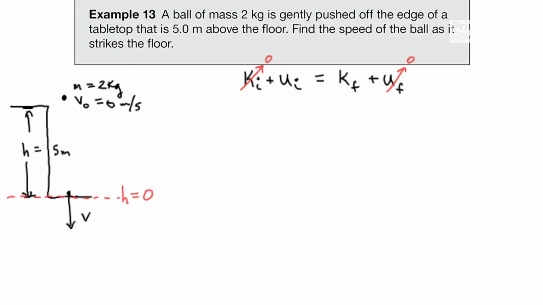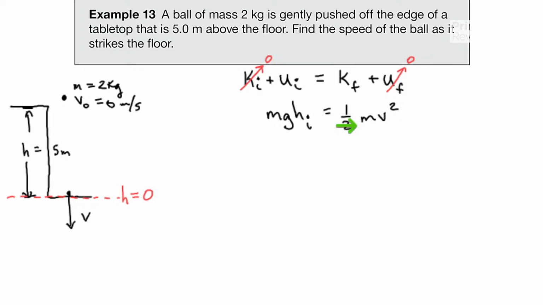So let's re-express these terms. We can say the initial potential energy is mg times initial height, and the final kinetic energy is 1/2 m v final squared. So at this point, we've got numbers and we can plug them in. But like I said back in our first session, you should rearrange and isolate what you're looking for first before you put in numbers. Because notice here, we know the mass, and we could plug that in here and crunch a number with it. We could plug that in here and try to simplify the right-hand side of it potentially.